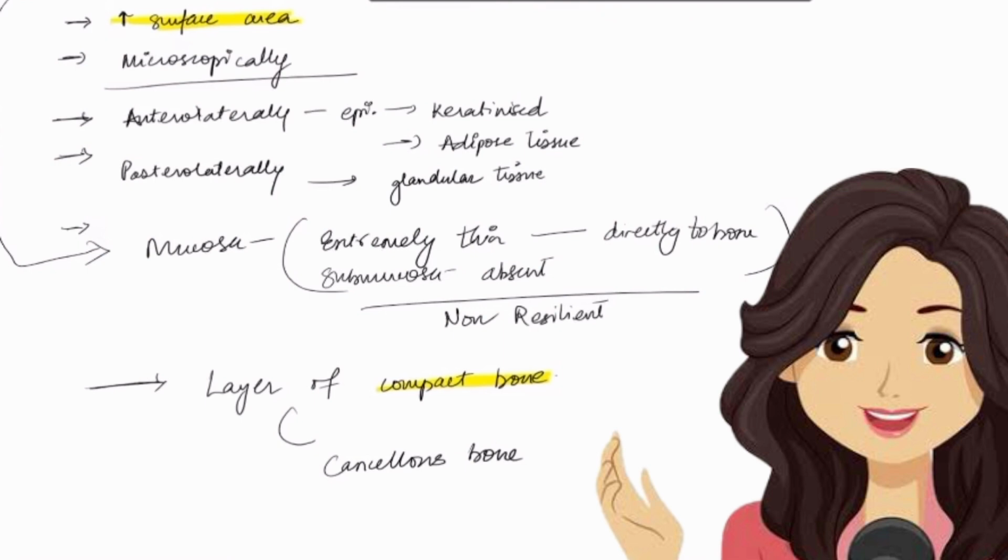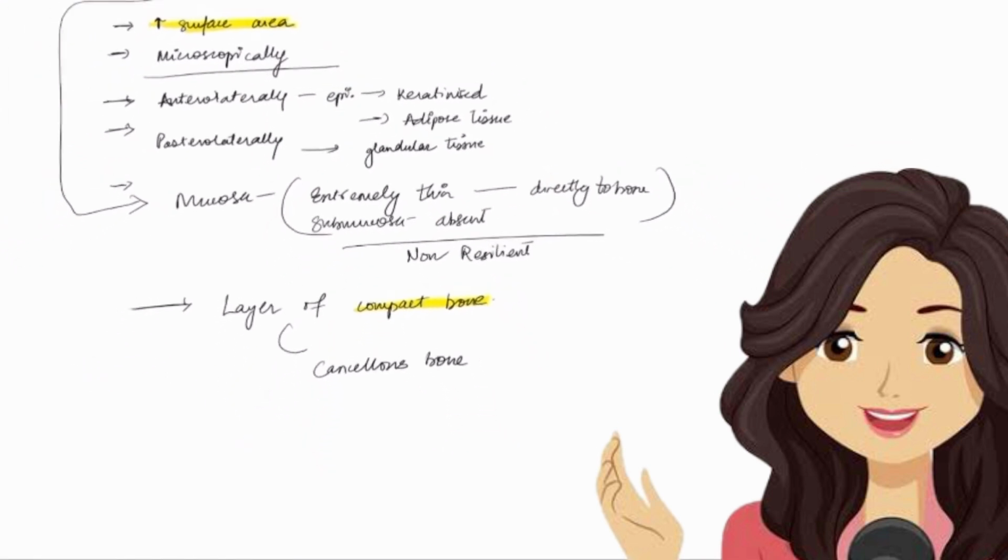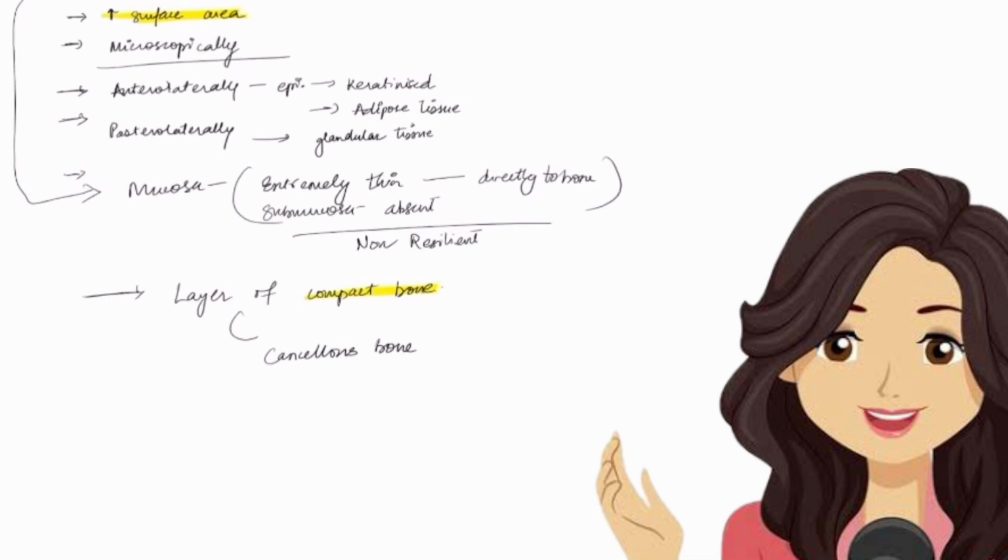So a good combination of bony architecture is present: compact bone and then underlying cancellous bone. So mainly there are three reasons: good keratinized epithelium with good submucosa on the palatine processes, a larger surface area, and compact bone. And I can find one more very important point, which is that it is 90° to the occlusal forces, or rather perpendicular to the occlusal forces.